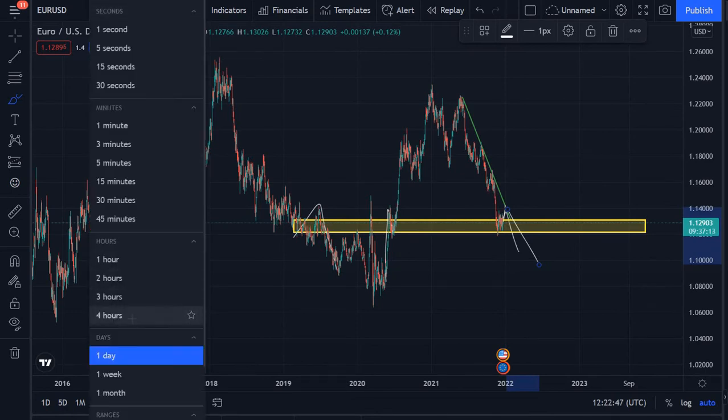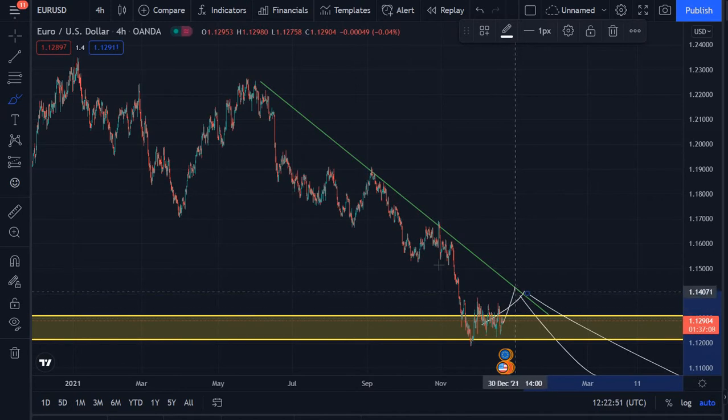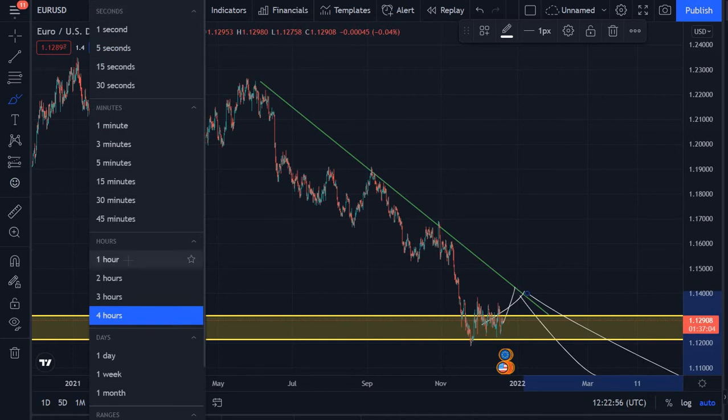So it looks like this could happen, which is pretty unclear yet, but as I said, on the 4-hour chart here, we are on this downtrend.